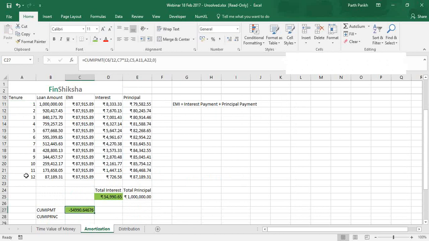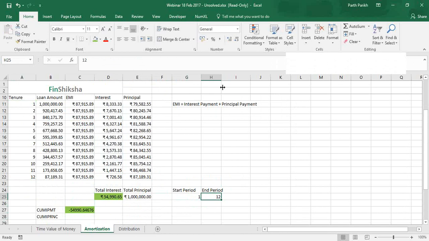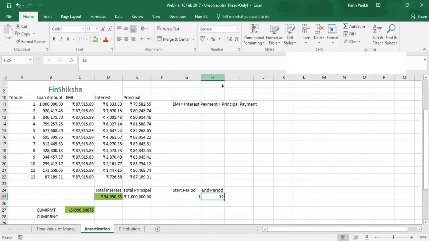If I change the period, I will put my start period over here and end period over here. Start period is 1, end period is 12. I'll give a reference instead of putting this, G25 comma H25. If I want to calculate interest for only 11 periods, then my answer changes.